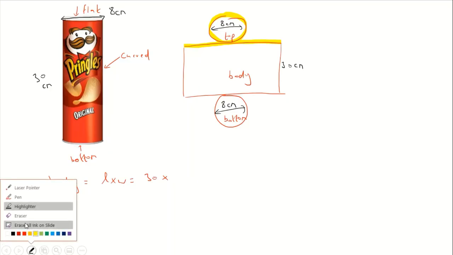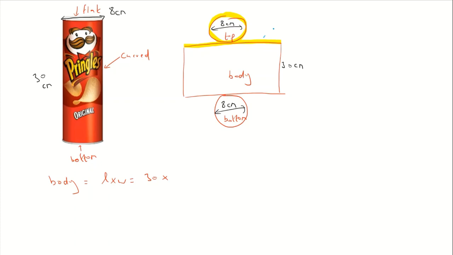So it needs to be the circumference. This must be the circumference, which is pi times diameter. And this actually is pi times 8, because all the way across is 8.